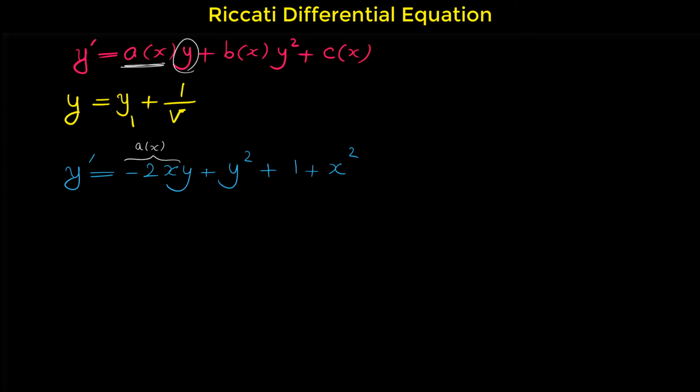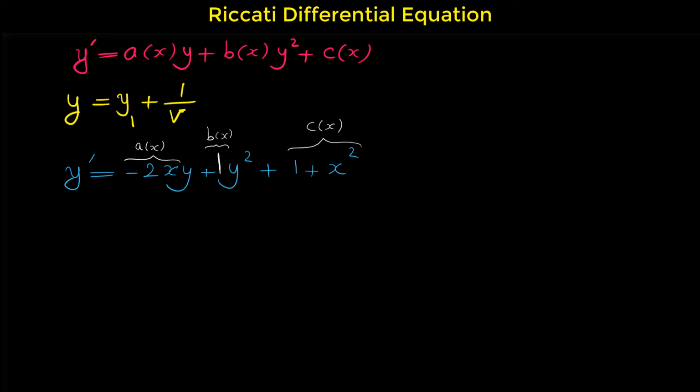The coefficient of y squared, b(x), is 1 here, and this part is c(x). So we have a Riccati differential equation in the standard form.